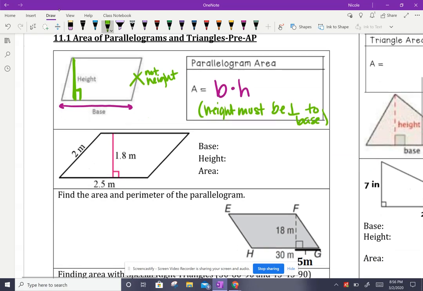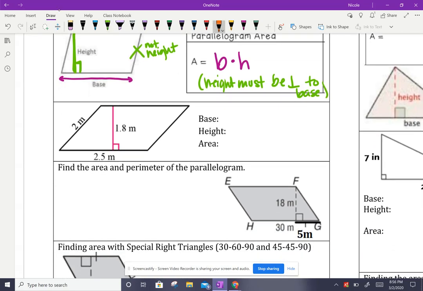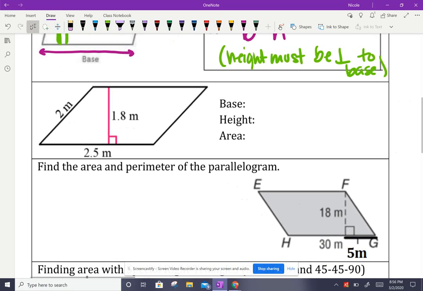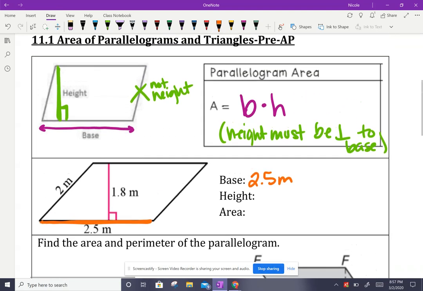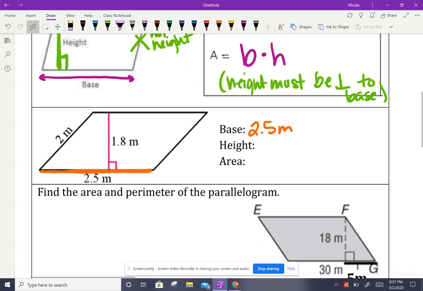So if I take a look at my first example, I have a base down here at the bottom. This side is 2.5 meters. Now the height, remember, what did I just say about the height? The height has to be perpendicular to the base. So is 2 my height? No, it's just the length of the other side.